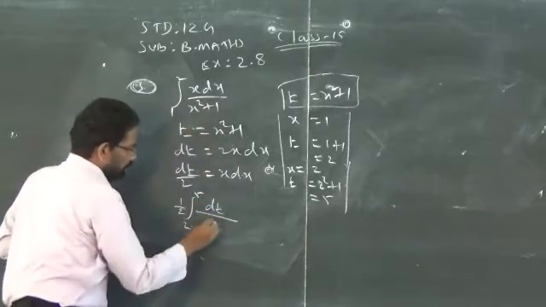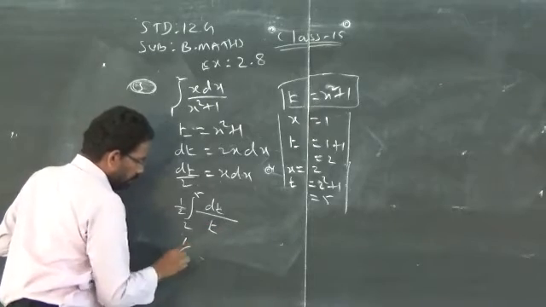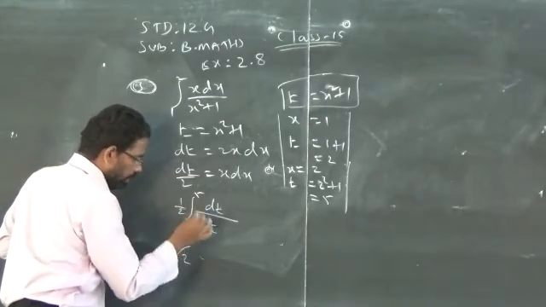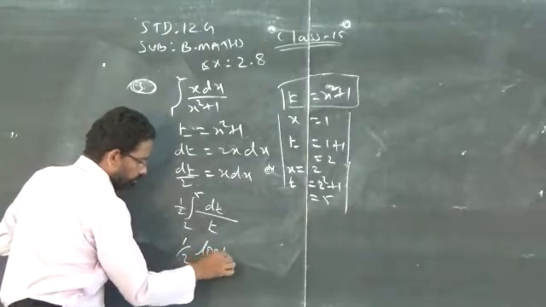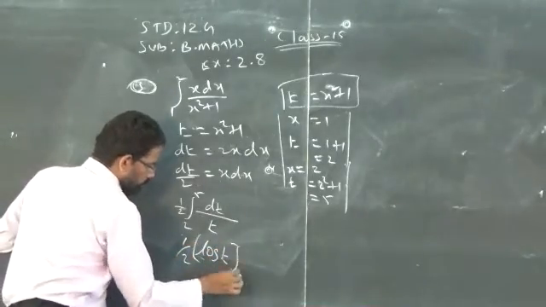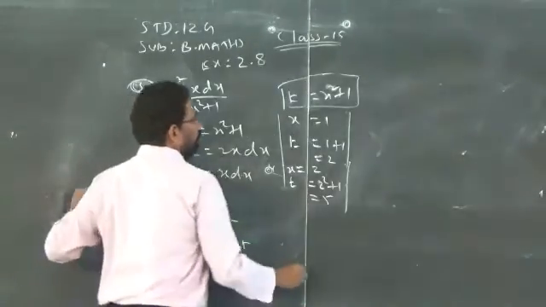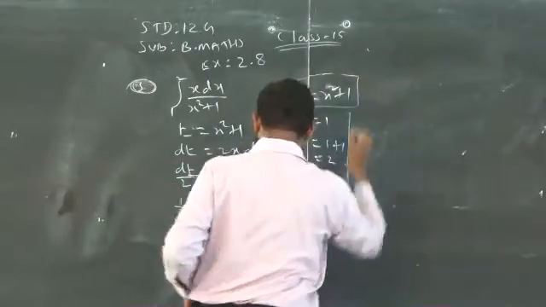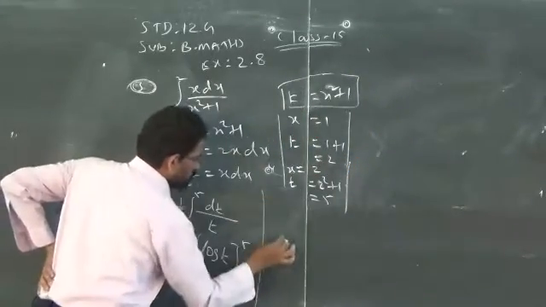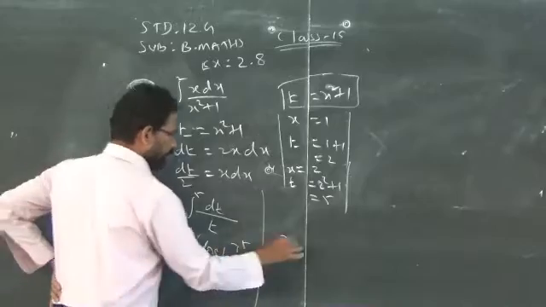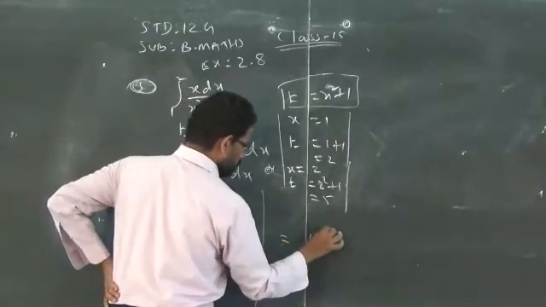Then this will become 1 by t. So what will be the answer now? Integration of dt by t is log t. This you know very well. From 2 to 5. Now 1 by 2 you keep as it is.